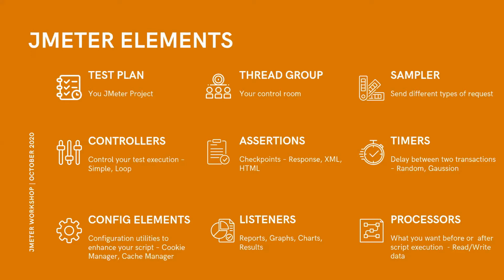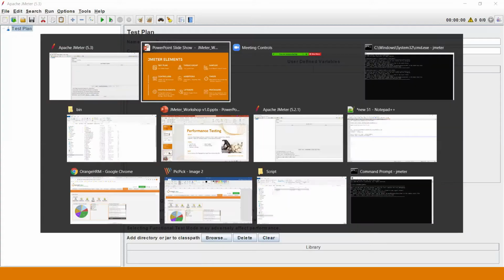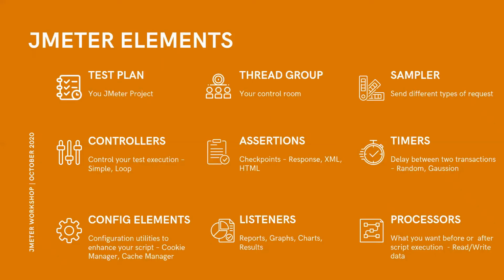So the very first thing will be the JMeter test plan. Whenever you start any project, you will see the test plan in JMeter like this. So this is your project. Inside that you will have all the other components. So that's a test plan. Inside the test plan, you will start with the thread group. Thread group is nothing but your control room, your folder. Inside that you have all the rest of the components available.